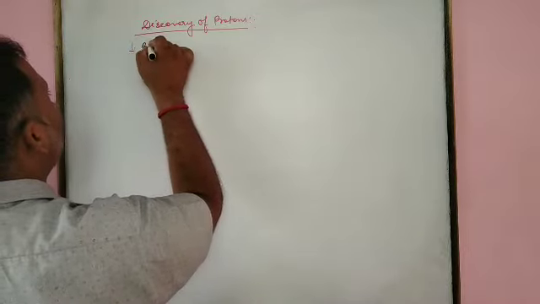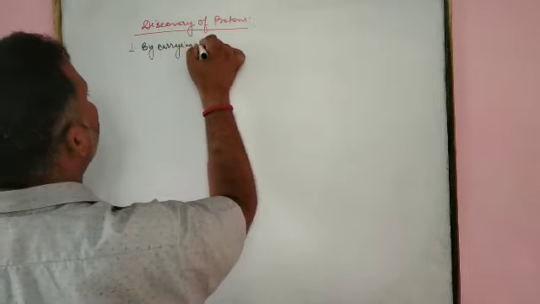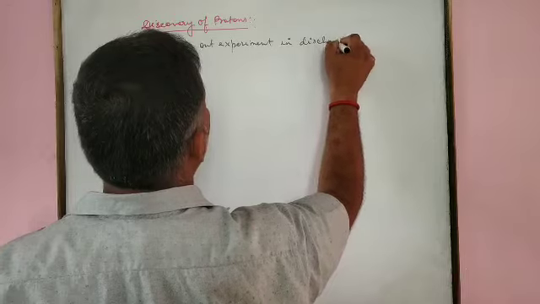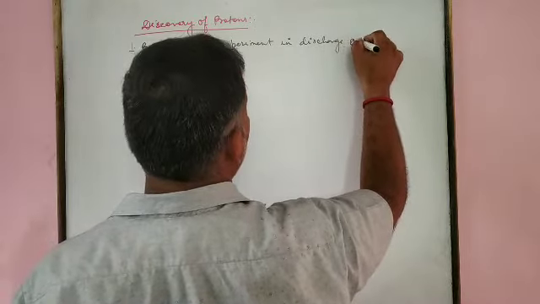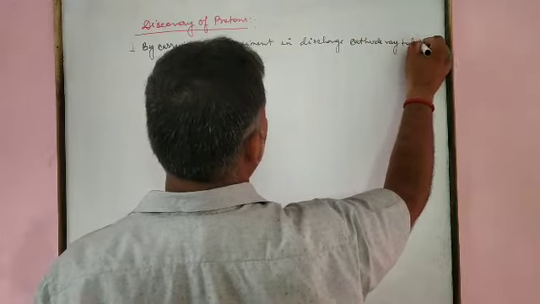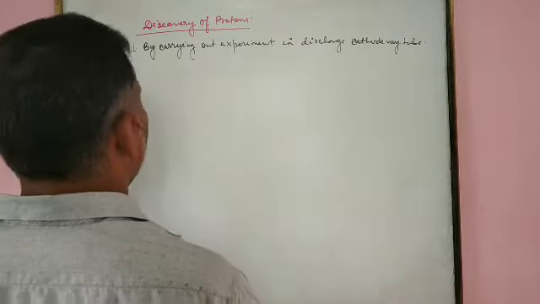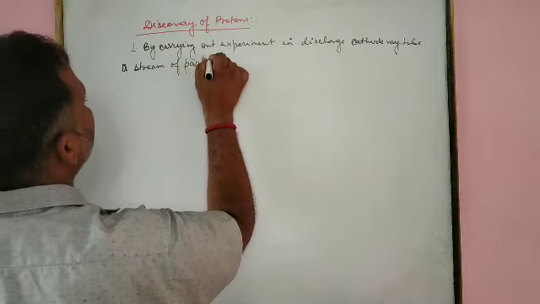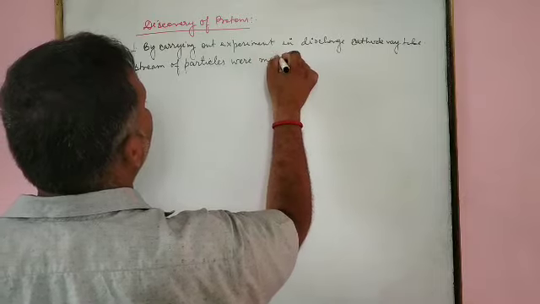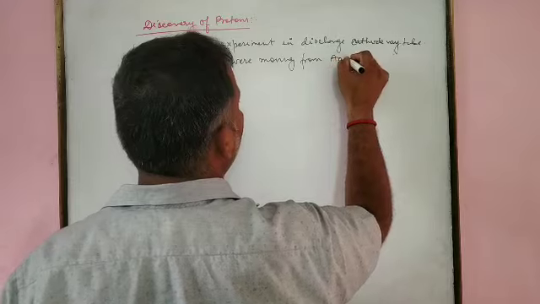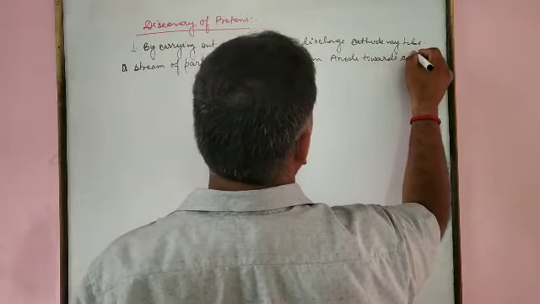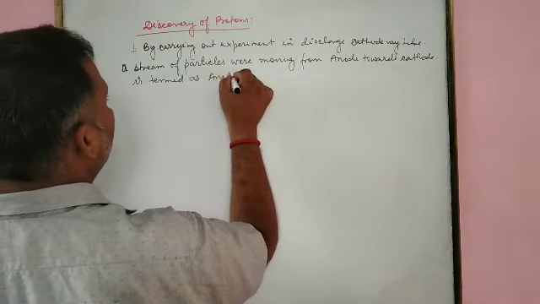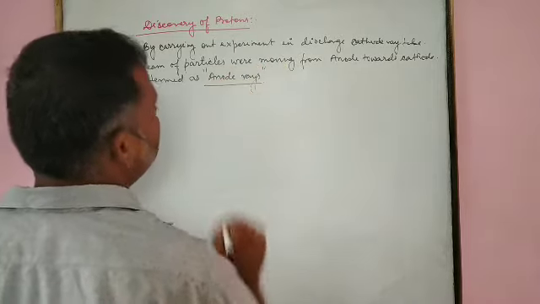By carrying out experiments in a discharge cathode ray tube, a stream of particles moving from the anode towards the cathode is termed anode rays.